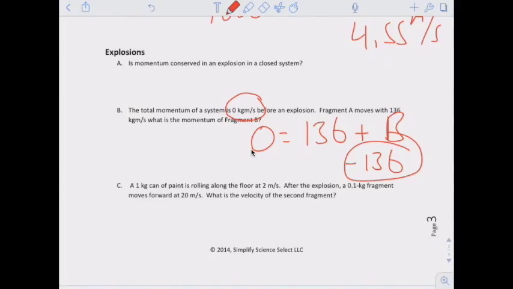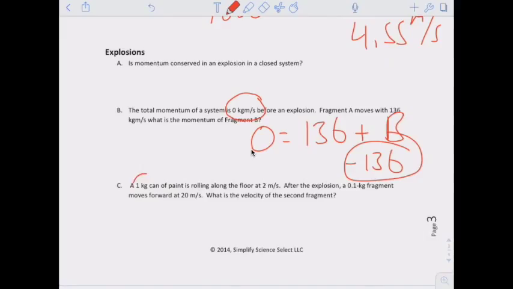And then lastly, we have C, which is 1 kilogram of paint rolling along a floor at 2 meters per second. After an explosion, a 0.1 kilogram fragment moves forward at 20 meters per second. What is the velocity of the second fragment? I'll set this up.